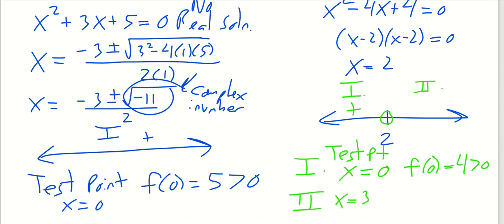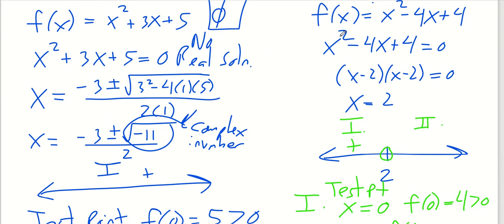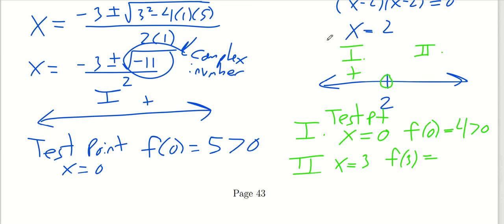In region 2, we could use the test point, for example, 3. If you plug 3 into the function, that would be 3 squared, which is 9, minus 12 would be negative 3, plus 4 would be positive 1. So it's also going to be positive in region 2.